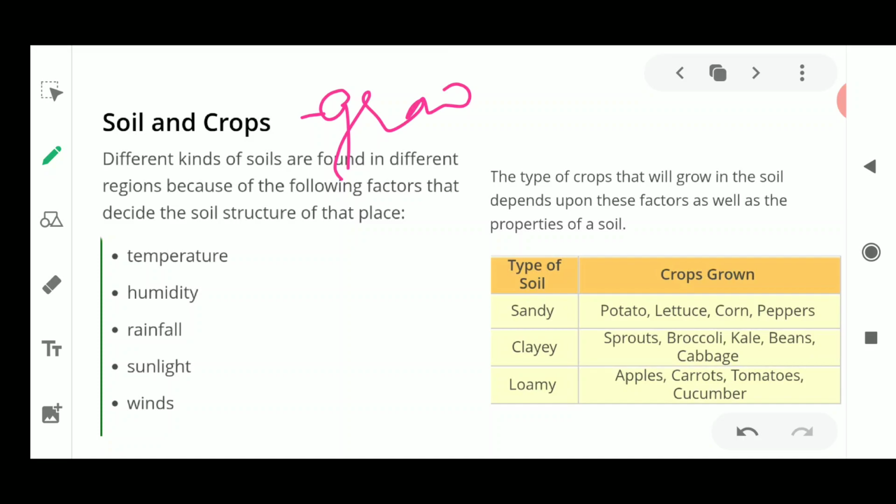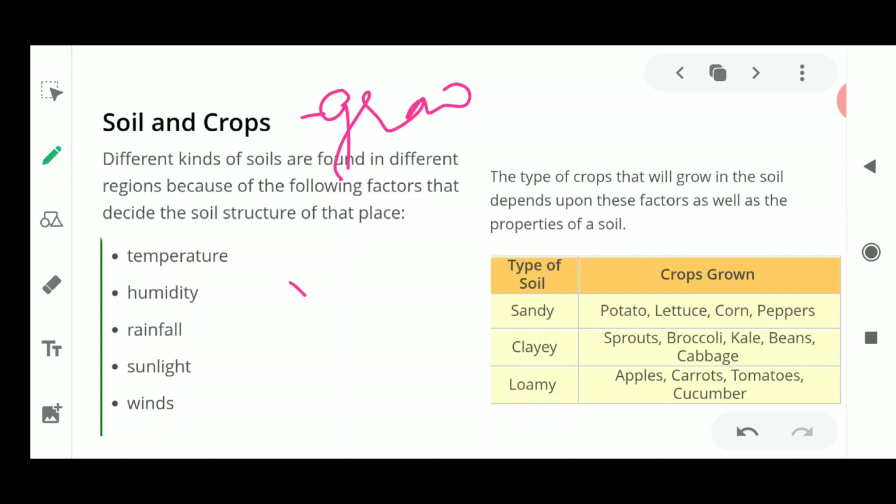Why? Because these crops require nutrients to grow. For their growth they require nutrients, air, carbon dioxide to do photosynthesis, and they also require water.